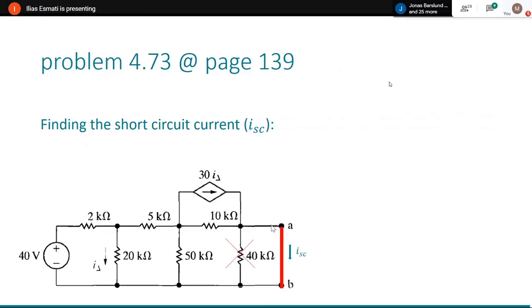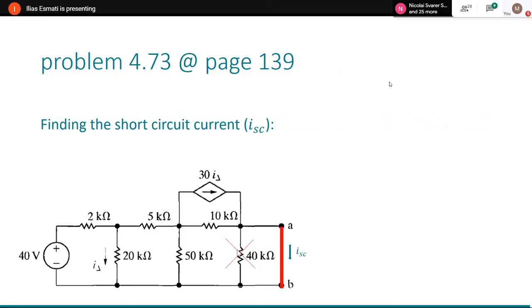So why go through the 40 kilo ohm resistor? The current comes from somewhere here, and there are two paths. It doesn't want to go through this one. It's hard, it's traffic, it's misery. So instead the current goes through this piece of wire that we've shorted.